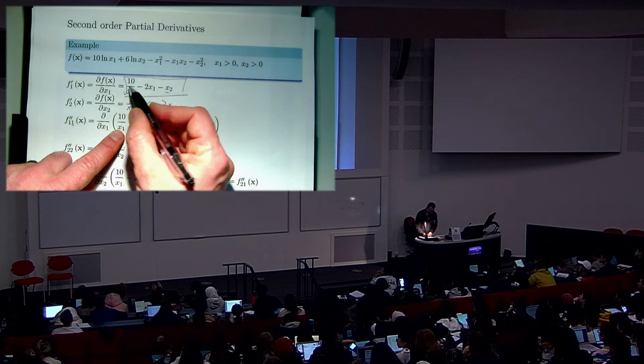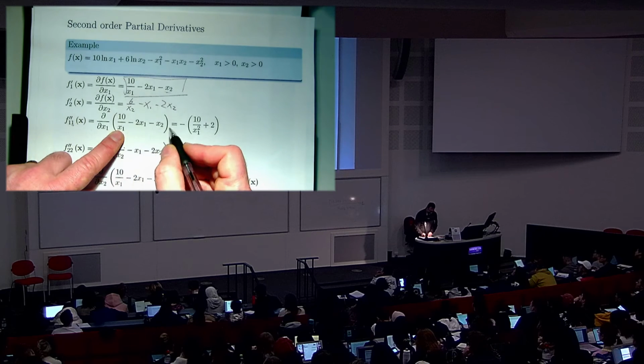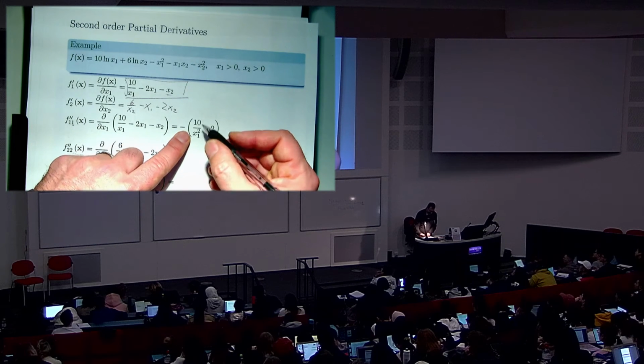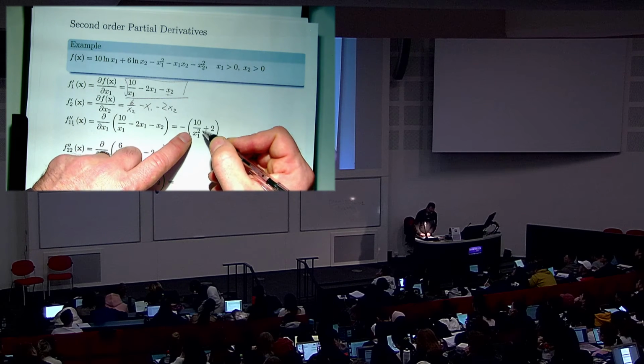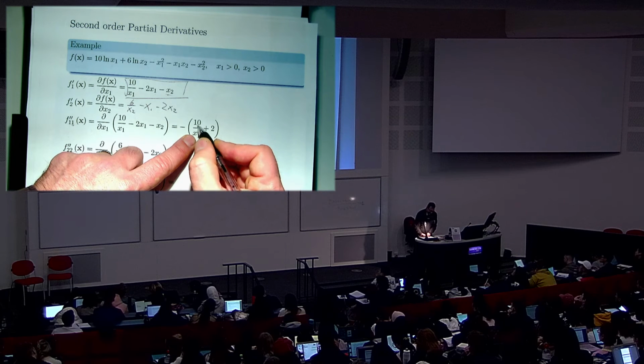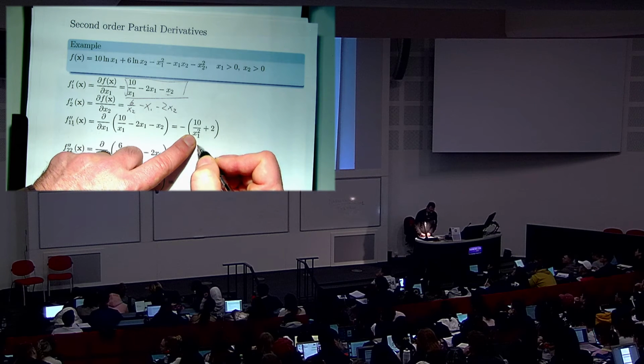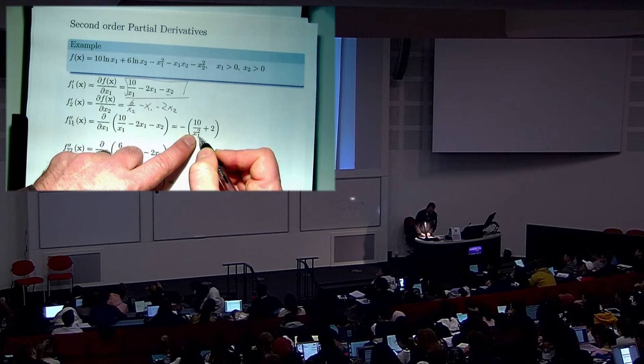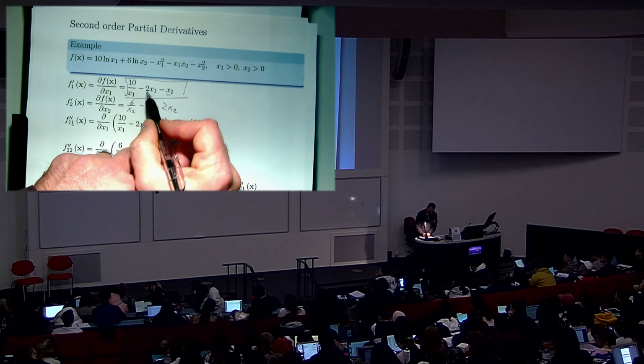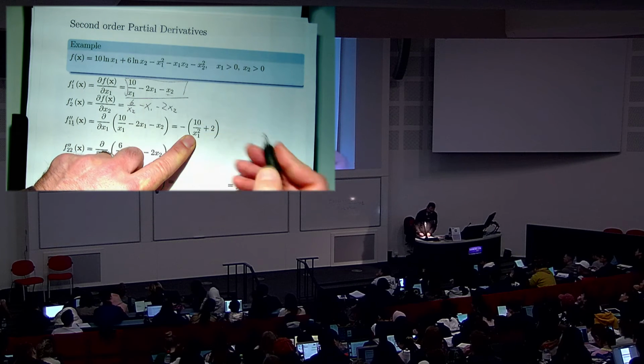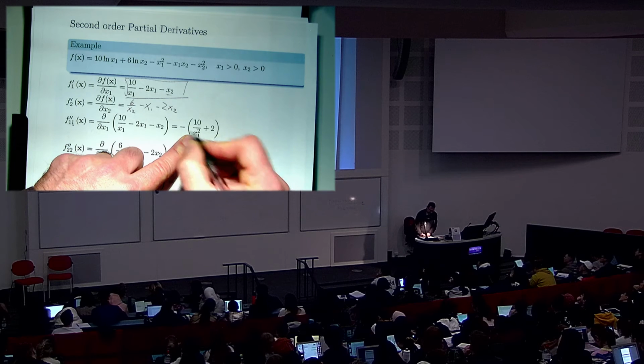So we get negative 10 times x1 to the negative 2. That's the same as negative 10 over x1 squared. And we get a minus 2 here. Okay, minus 2.